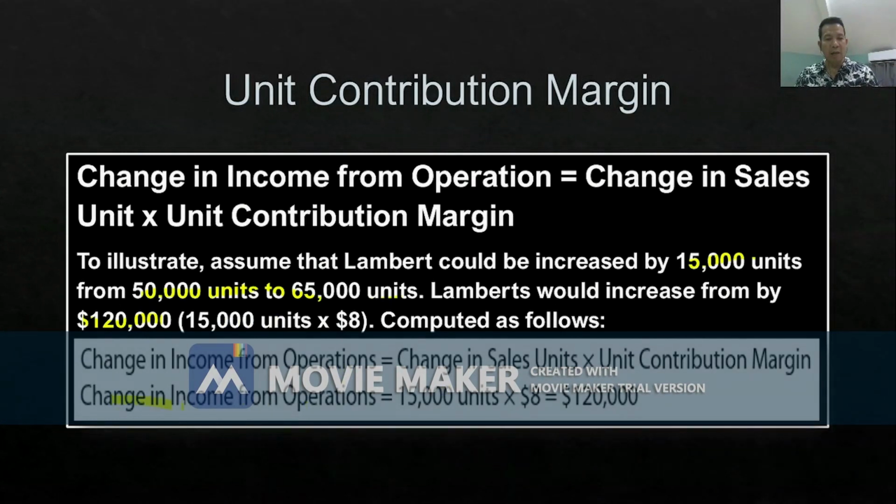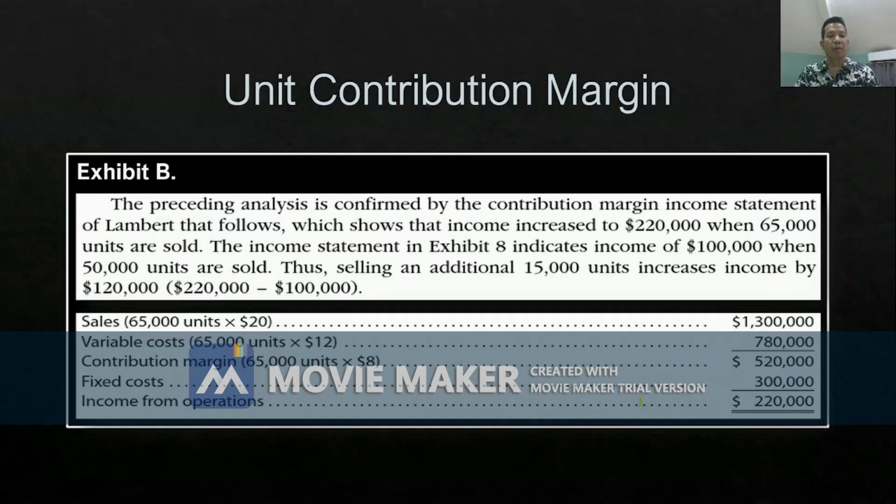The change in income from operation is 15,000 multiplied by the unit contribution margin of $8, which results in $120,000.